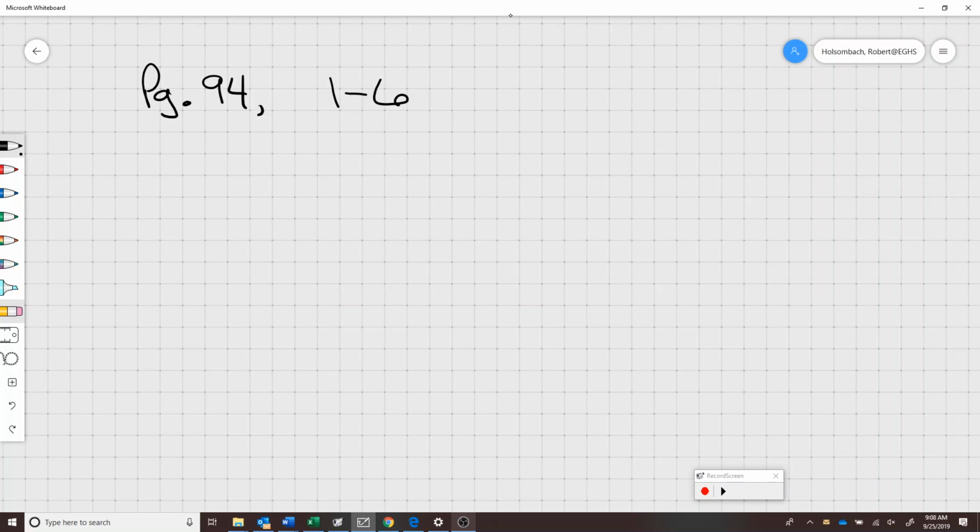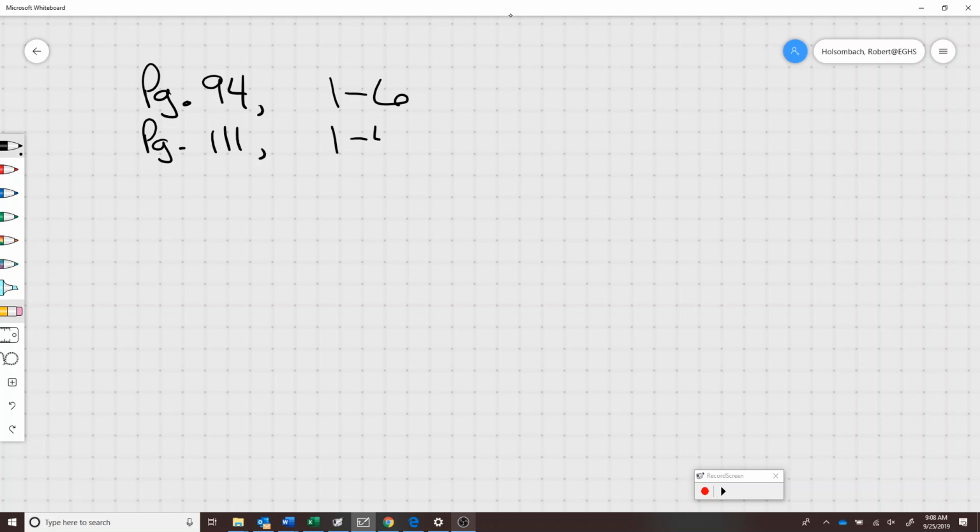And after you do that, on page 111, just do problems 1 through 4. That's going to be identifying the hypothesis and conclusion of each statement. All right, check your odds in the back of the book, please.